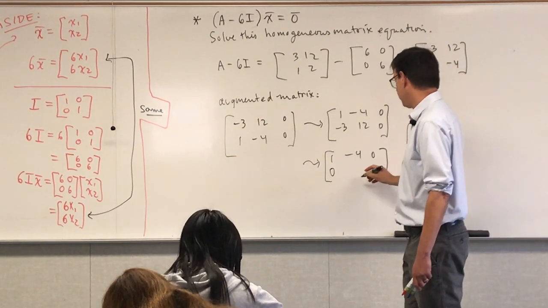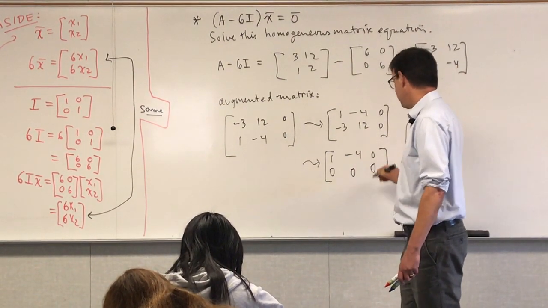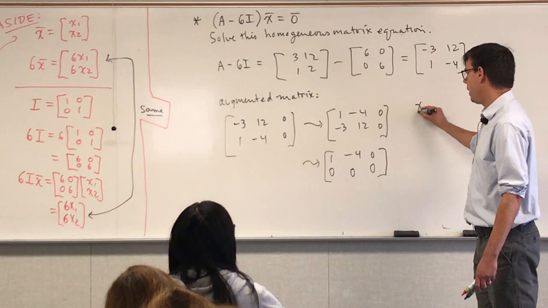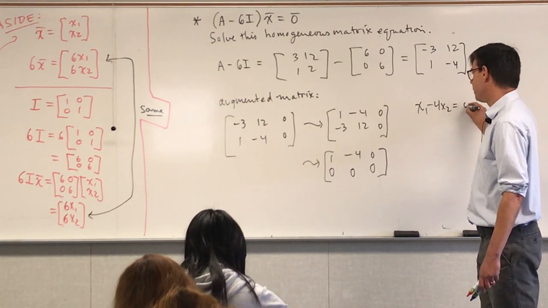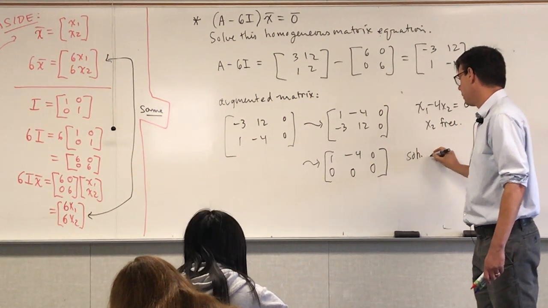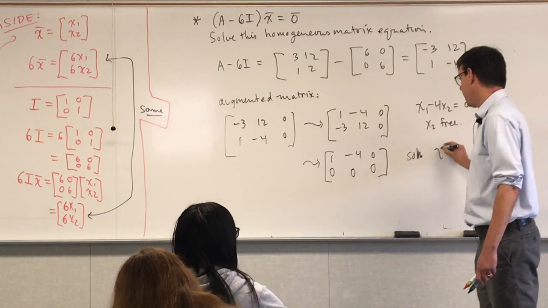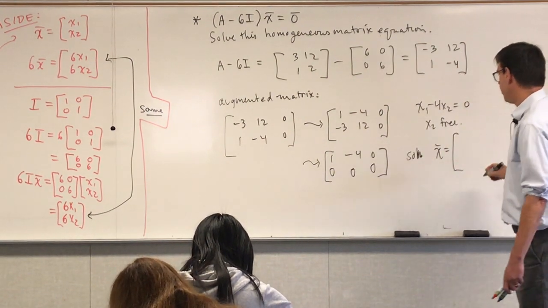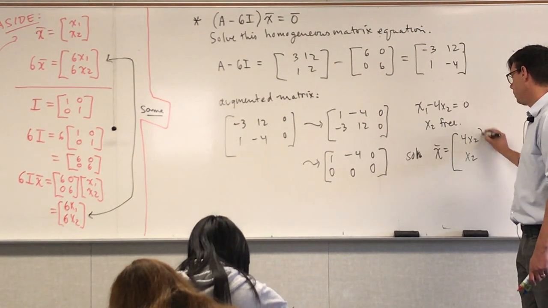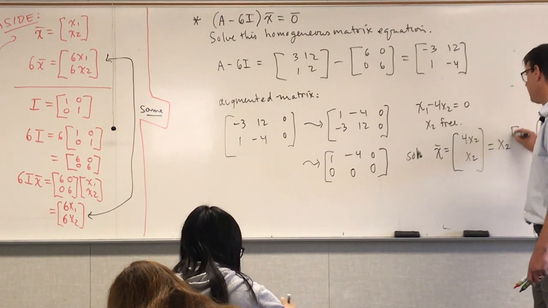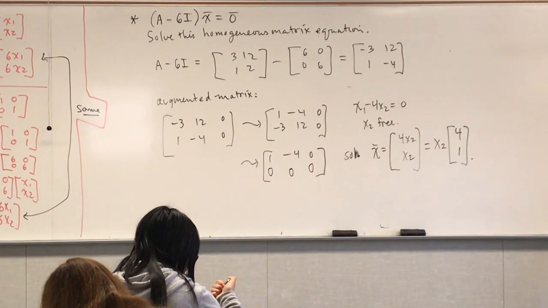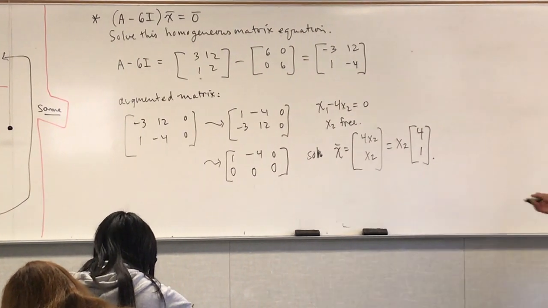So -12 plus 12 is 0, 0. I guess that's in reduced form, so I have x1 minus 4x2 equals 0. x2 is free. So my solution x is going to be (4x2, x2), or x2 times (4, 1), where x2 is any real number.